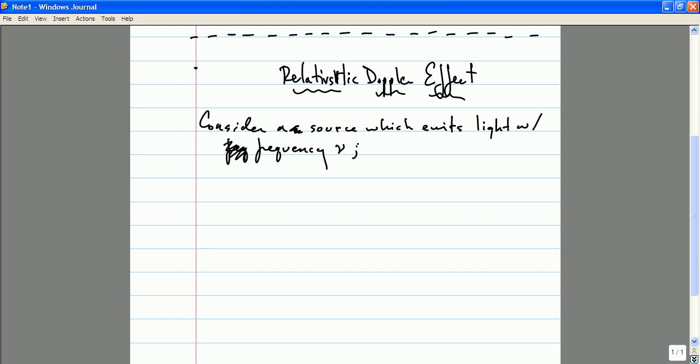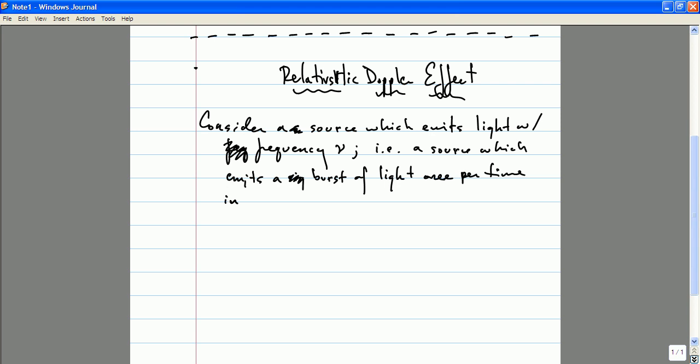So if you want a model for what it means to say that a source emits light with frequency nu, you could also think of this as a source which emits a signal, let's say a burst of light, for example, once per time interval (1 over nu).